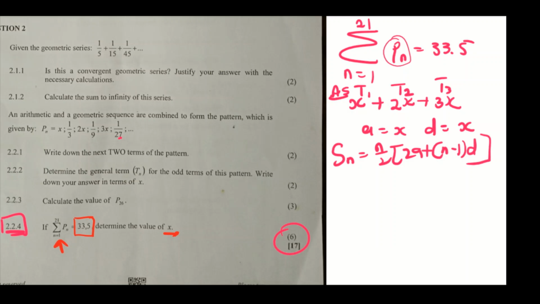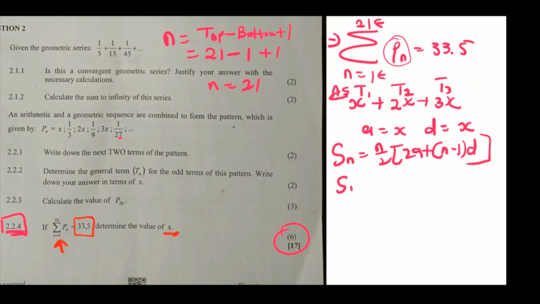Remember, we don't know n as yet. So how do you find n? You look at your sigma notation here. n is going to be top minus bottom plus 1. So what is top? Top is this number here at the top, which is 21. 21 minus what's bottom? It's this one here, 1, plus 1, so n is actually equal to 21.